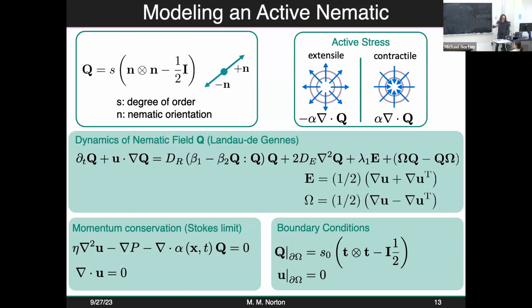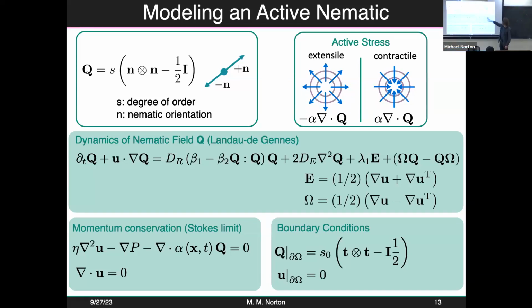And we can borrow from equilibrium liquid crystals the equations of motion for the Q tensor. So how does this rotate and evolve over time? It has components that come from both the elasticity of this microtubule network as well as the flow.